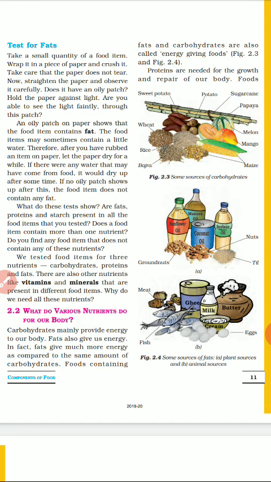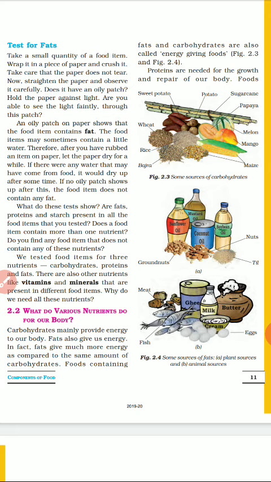Suppose we are taking groundnut, we have to crush that groundnut and apply that powder paste on the paper, and that paper will turn translucent like tracing paper. Then it contains fats. So oils and fats convert the paper into translucent.